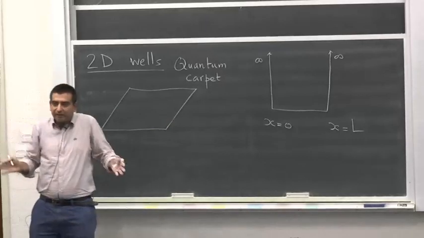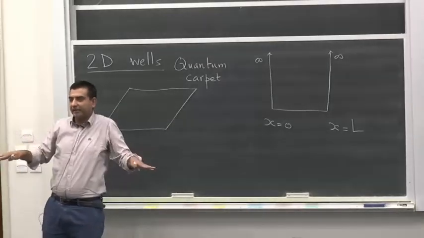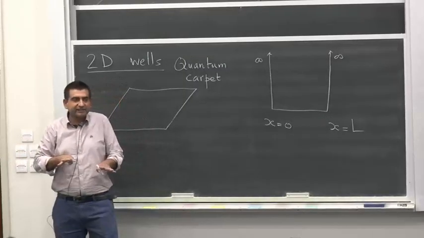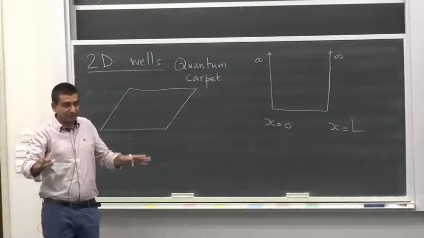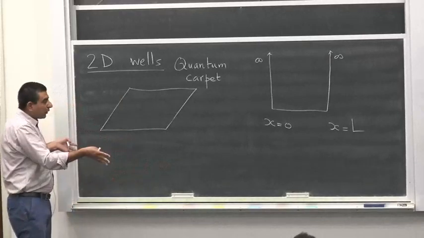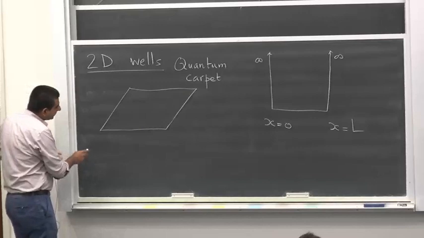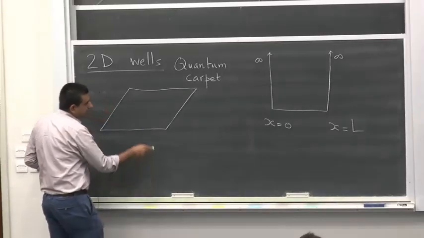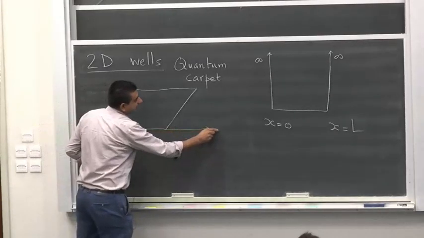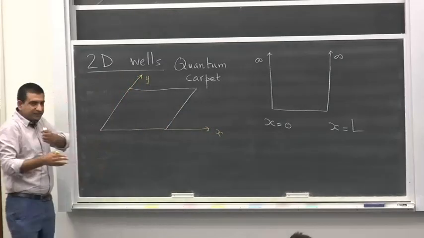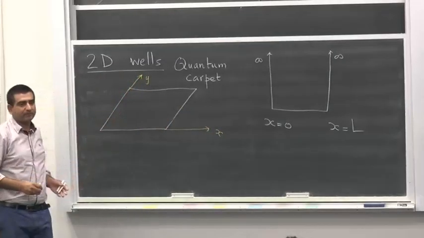I have a square in flat land, in a two-dimensional world, and a particle lives inside this flat land. It's two-dimensional and it's square, which means that each side has length L. So I define an x-axis, and this is my y-axis.